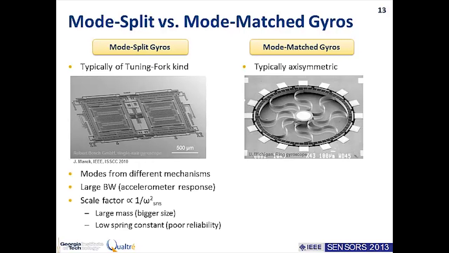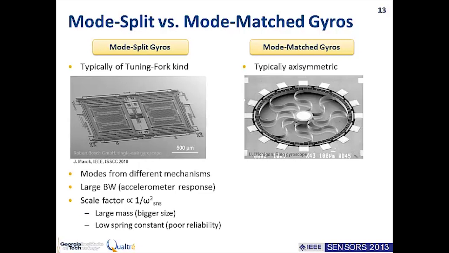Some of the key features of mode-split gyroscopes are that, as we mentioned before, the resonance frequencies of the drive and the sense are different, and this is mainly because the mechanisms by which the frequencies are defined are different.